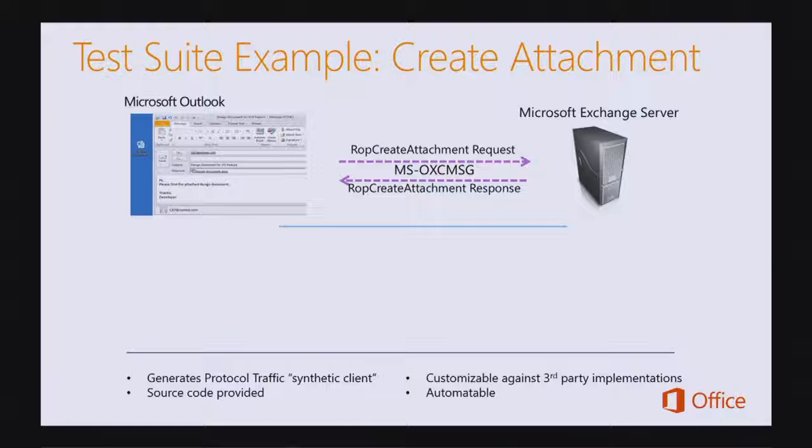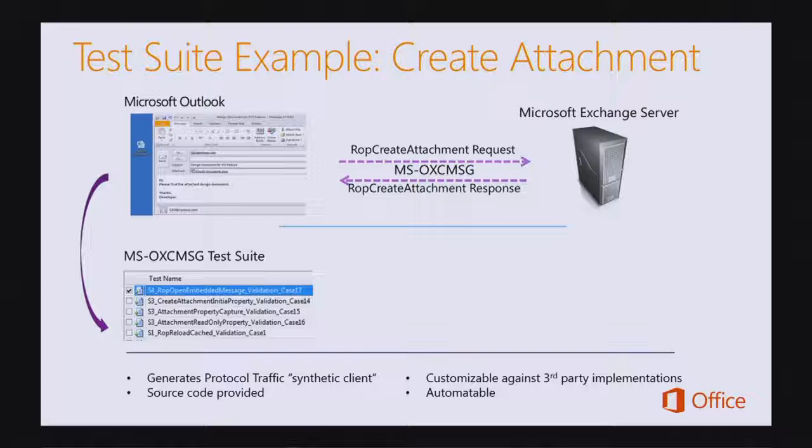Basically, you're using the MS-OXCMSG protocol to do the attachment. Similarly, in our test suite, when we read the open specification, we see the description of the RopCreateAttachment operation. We have a test case that does similar things.